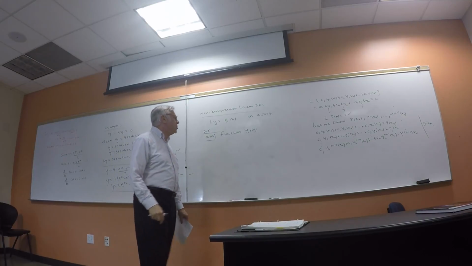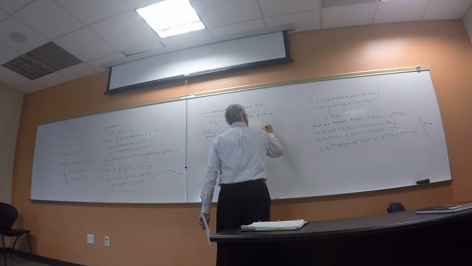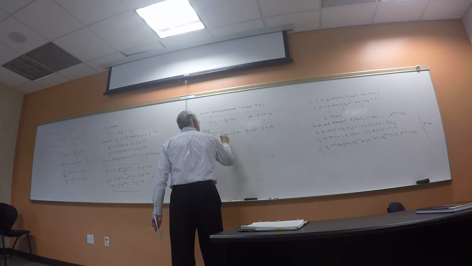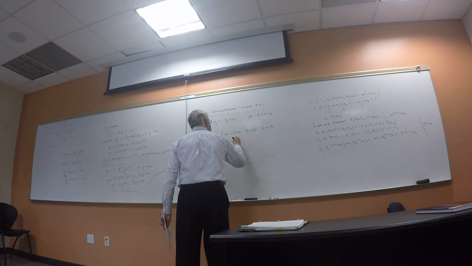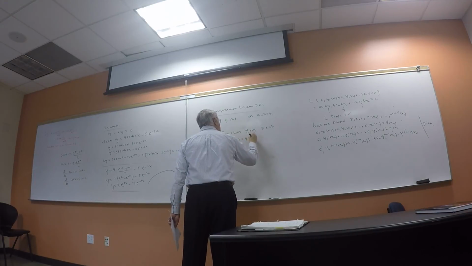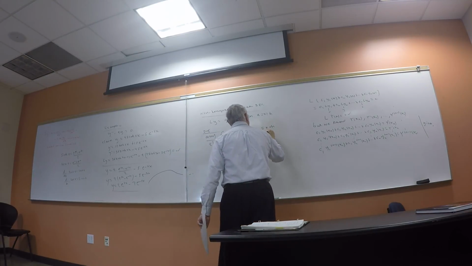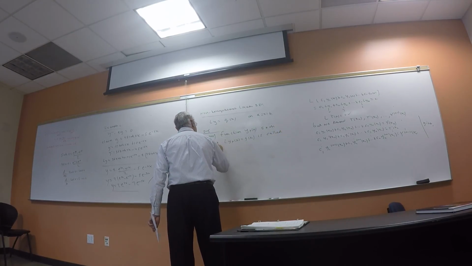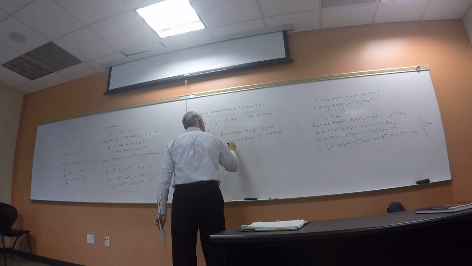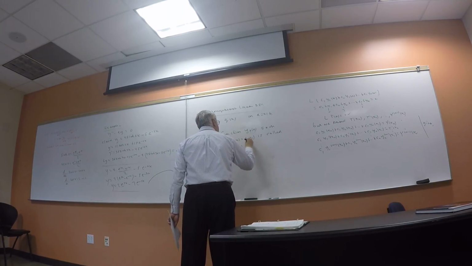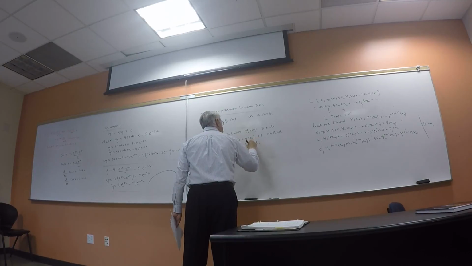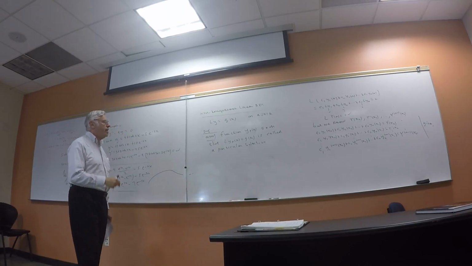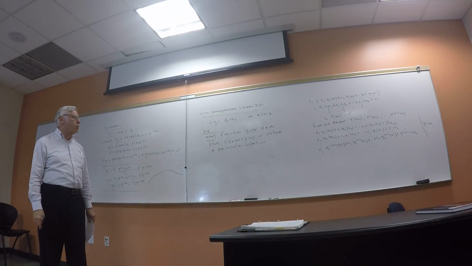Any function yp of x such that L operating on yp of x equals g of x is called a particular solution. So any function yp of x that solves the non-homogeneous equation.